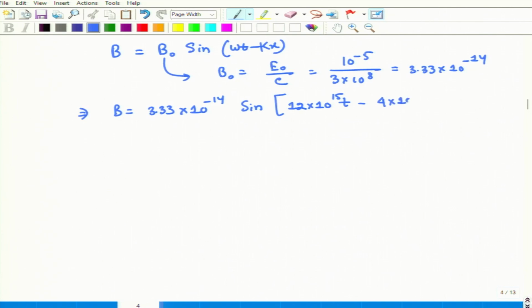K is 4 into 10 to the power 7 x. And what will be the unit? The unit will be the Tesla, T. Okay. So this is the magnetic field, right? Now move to the second question. This is question number 2.